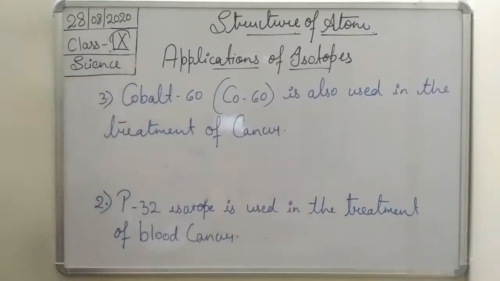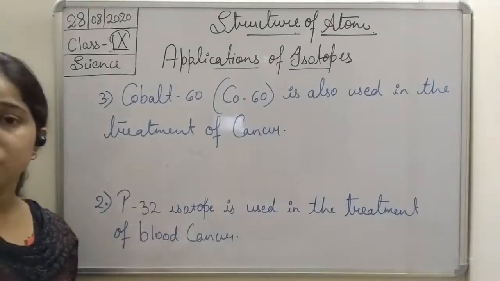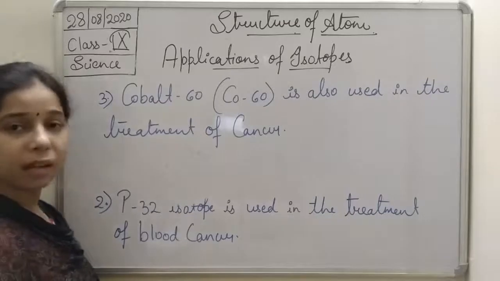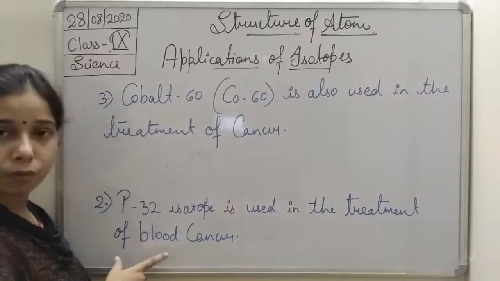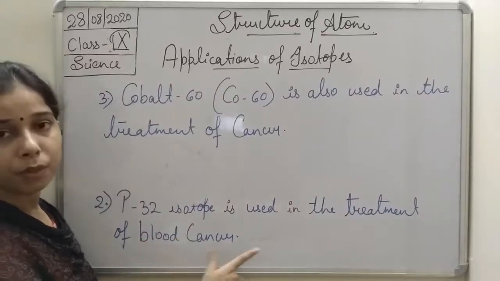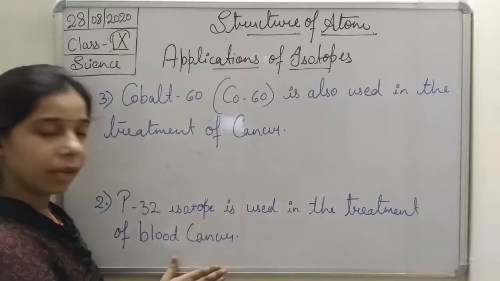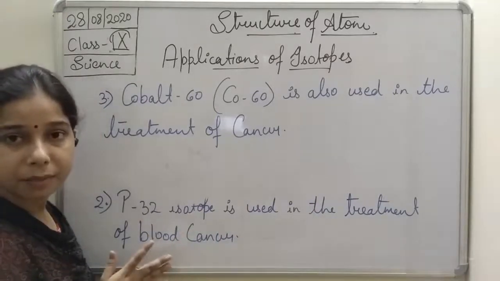Cobalt-60 is also a radioisotope which is used in the treatment of cancer, like phosphorus. Phosphorus isotope is used in the treatment of leukemia, or blood cancer.